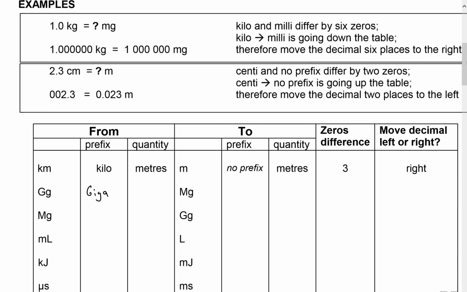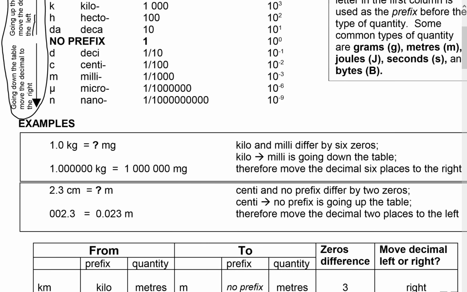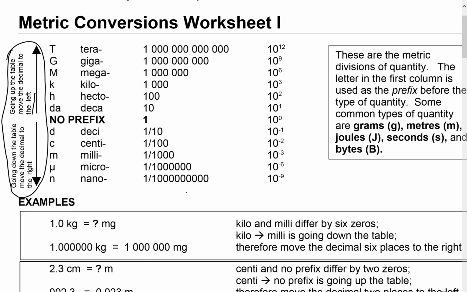Now the unit that giga is attached to is grams. So we have gigagrams. And we want to convert this into megagrams. The capital M is mega. So you'll notice our first lesson was dealing with all of these quantities here. All of these, when you move up or down, the decimal point moves one spot.